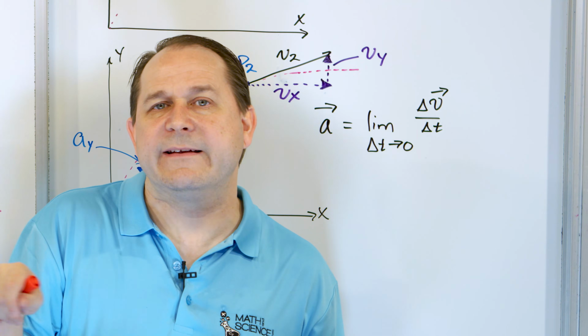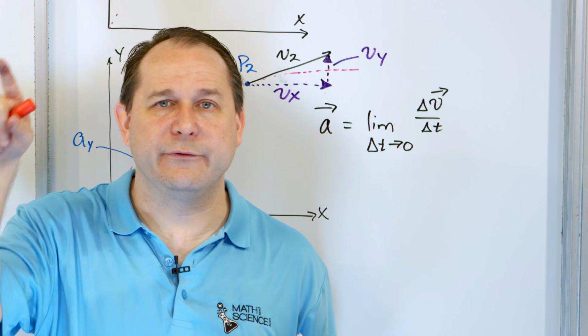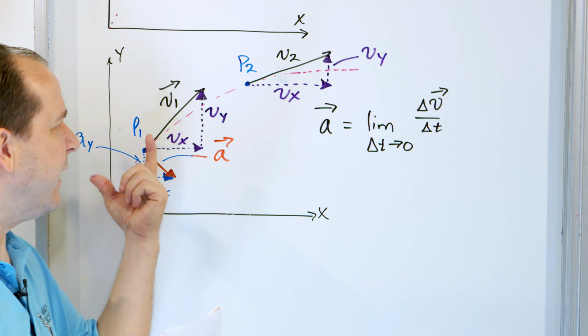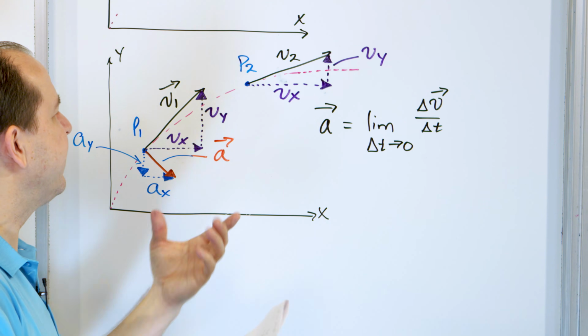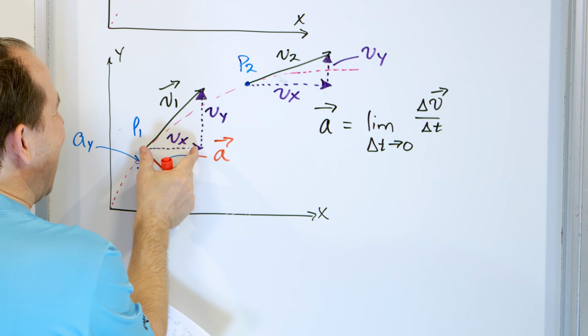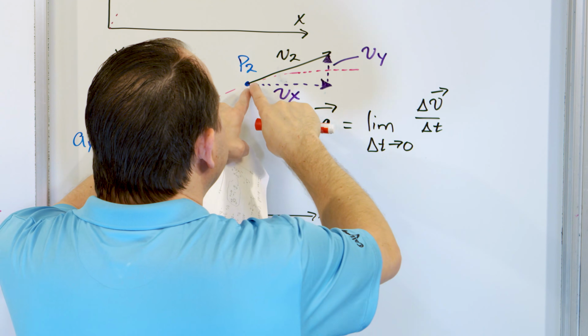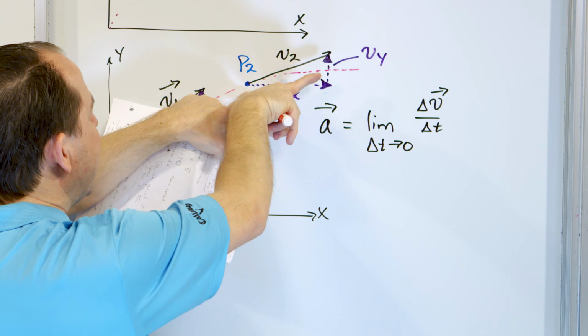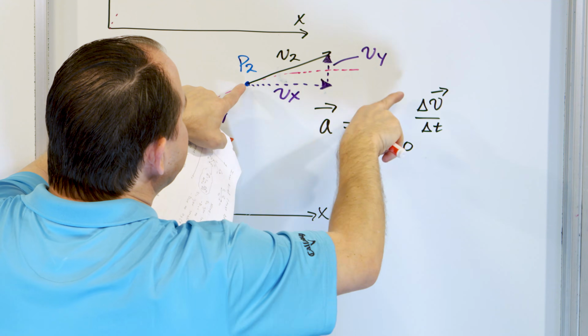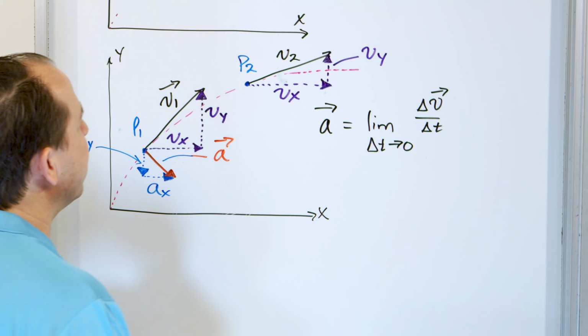When I'm spinning this thing in a circle, the absolute speed going around is the same. But the direction is, of course, different. Why is the direction different from here to here? Well, it's because the x component got larger and the y component got smaller. So when the x component gets bigger, the thing has to bend over and have more motion in the x direction and less motion in the y direction.